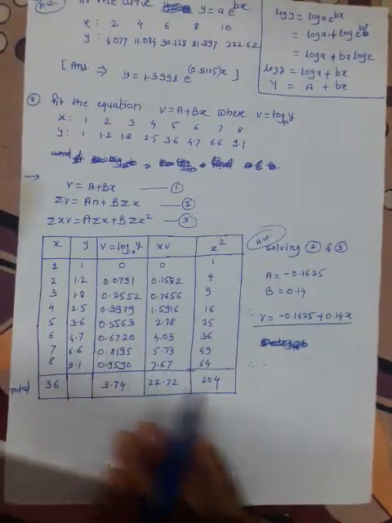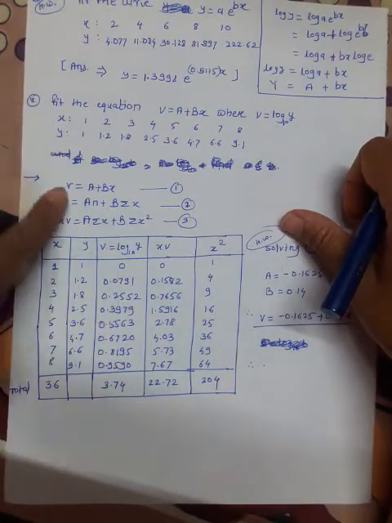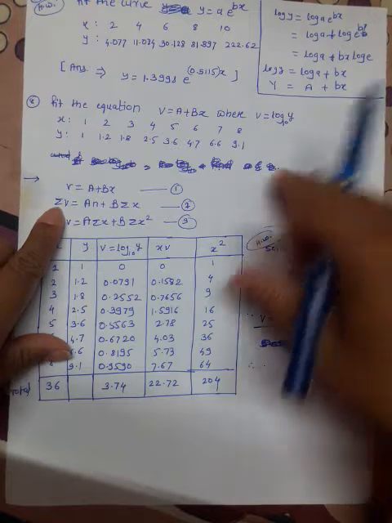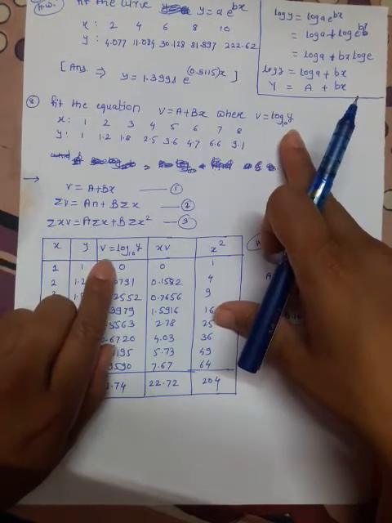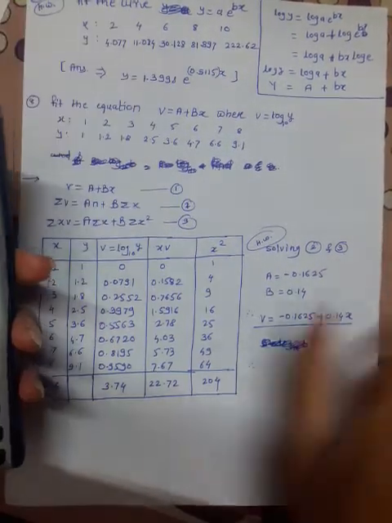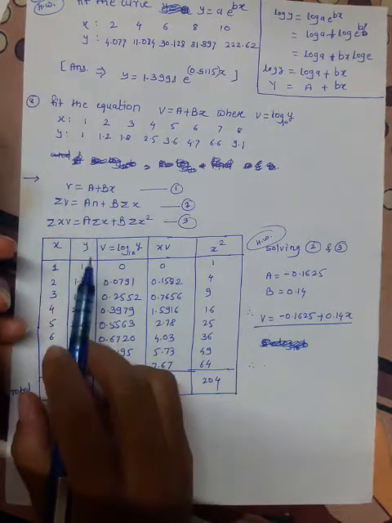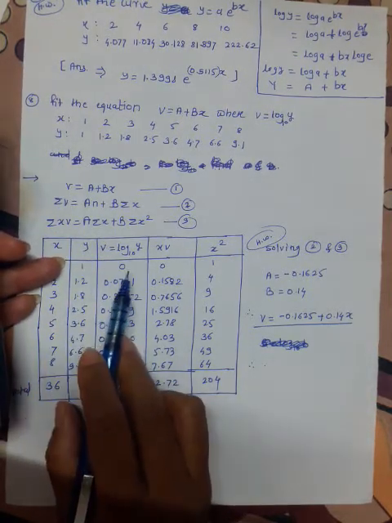Now start making the columns. Now we want summation v. What is v? X is given, y is given. V is given in the example itself. V is equal to log y. Now we have to calculate to the base 10. V means log of this column. Log 1 we know is 0.